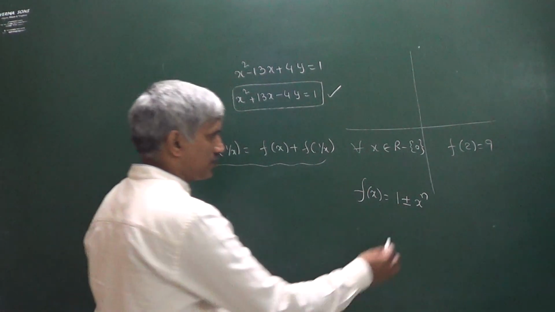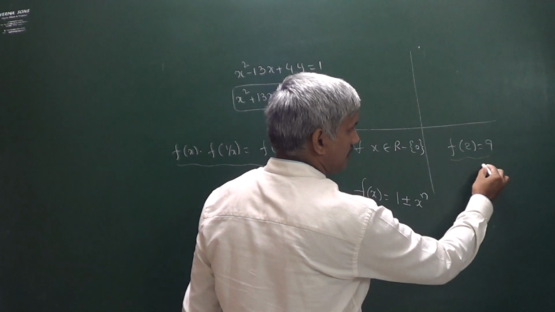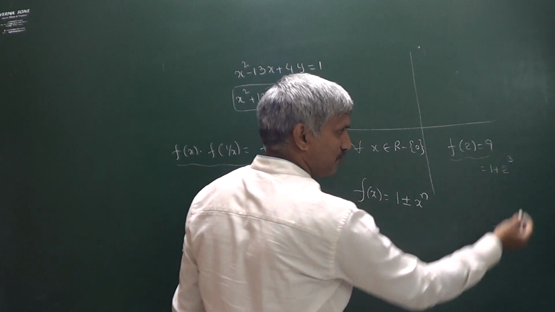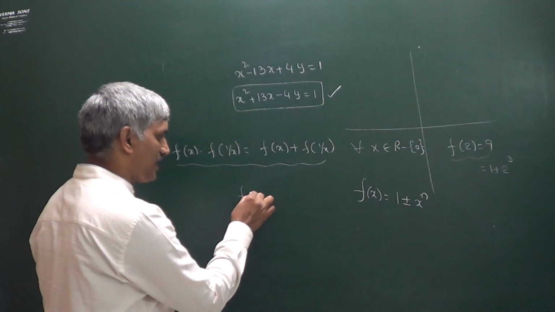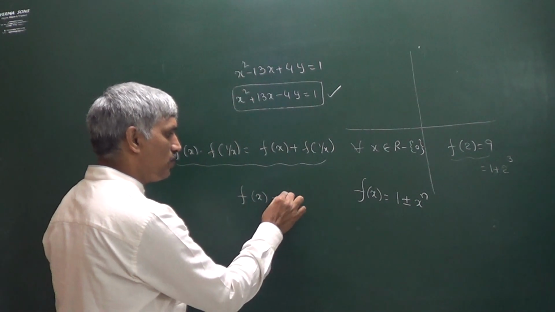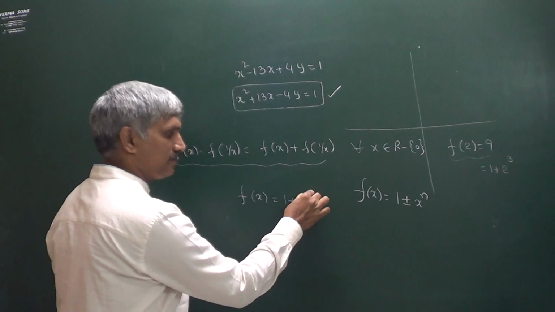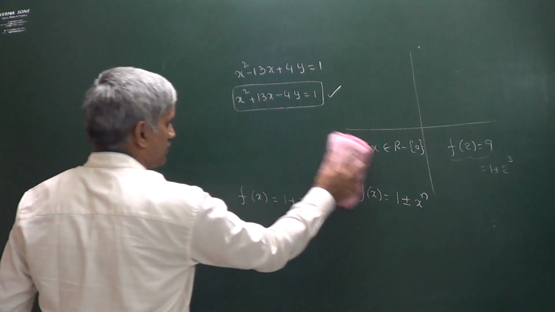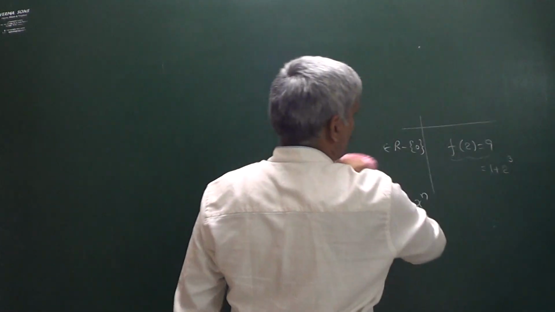But in the question you can check f of 2 is given as 9. 9 can be written as 1 plus 2 cube. So from that information I can say f of x is equals to 1 plus x cube. So you know the function. Once you know the function, we can check the options accordingly.